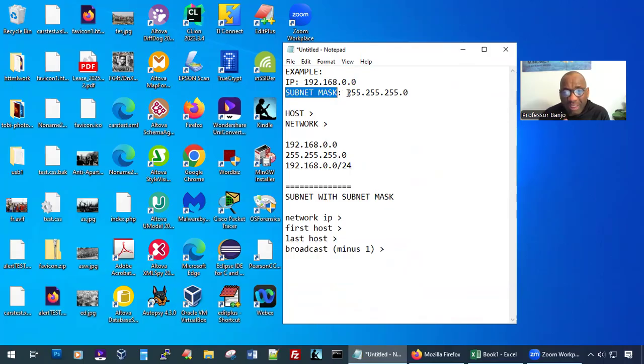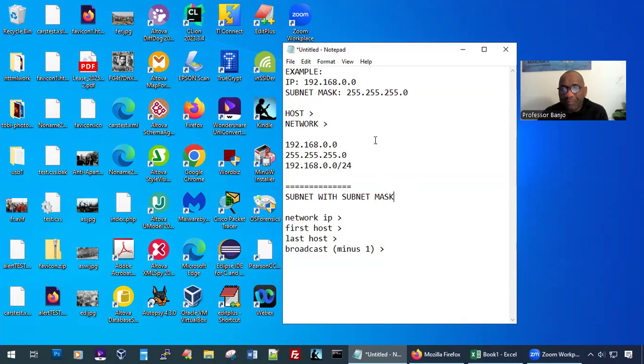We're going to look at the subnet mask. What does this really mean? A subnet mask, what does it do? Well, we're going to see what's the host, what's the network, and then do some more breakdowns here. And then at some point, we're going to talk about subnetting, subnet with subnet mask.